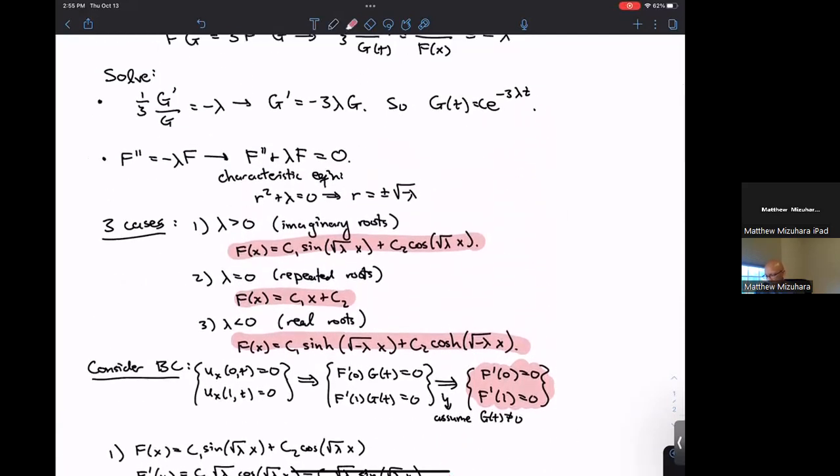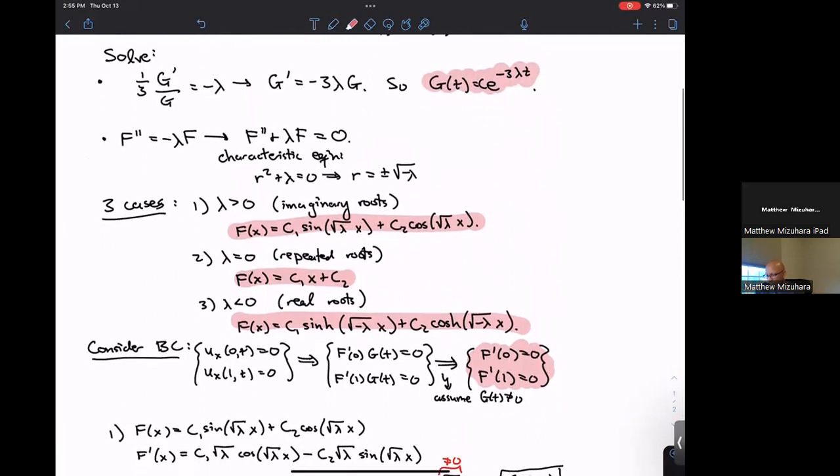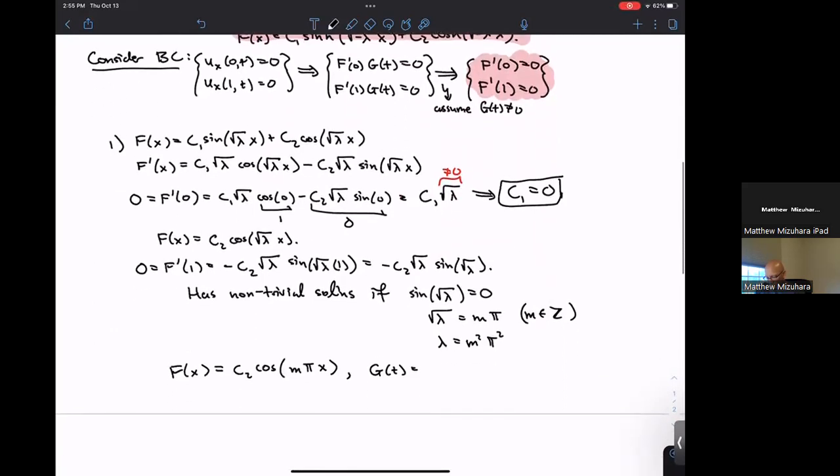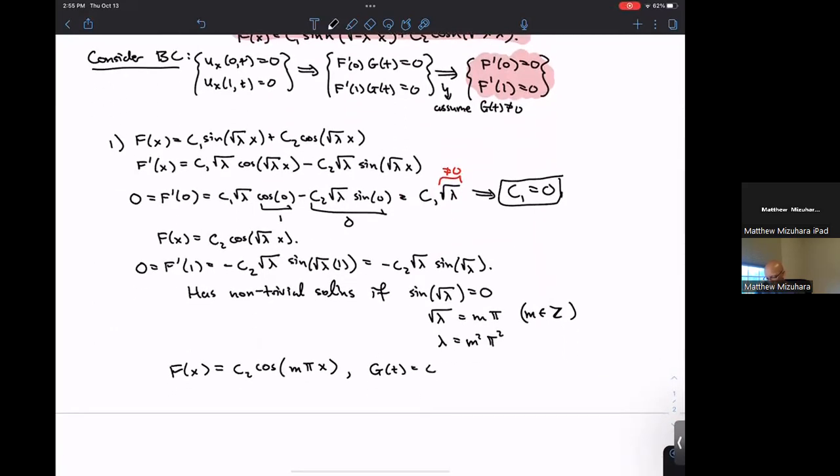We know g is always of the form something times e to the minus 3 lambda t. So g of t should be something times e to the minus 3 m squared pi squared t. Combining f and g is going to give us a family of solutions for different m's. Great.